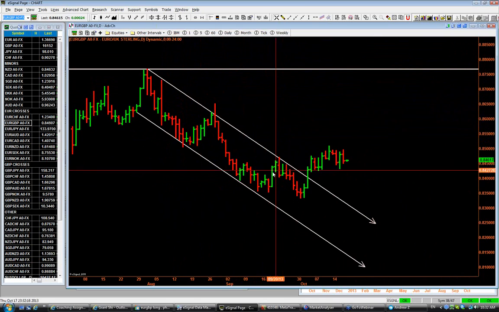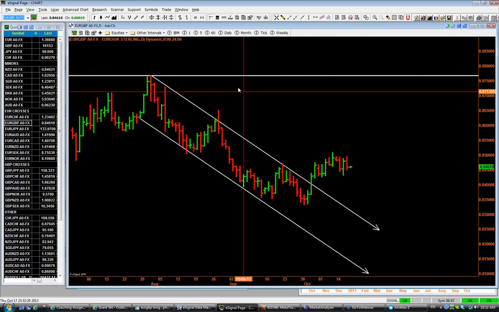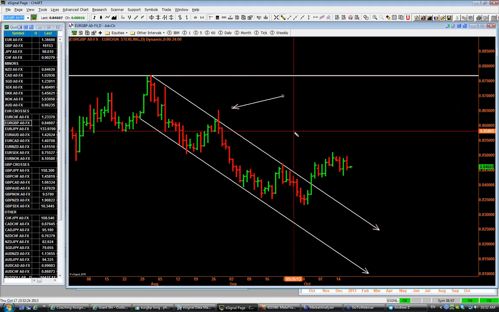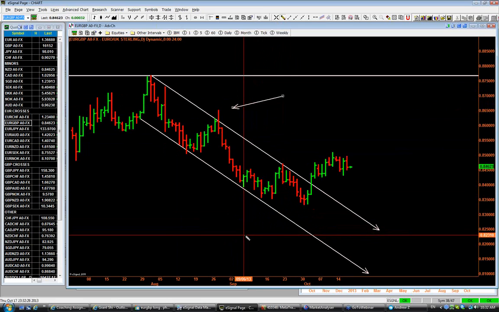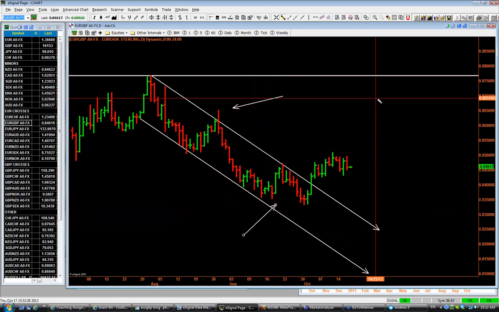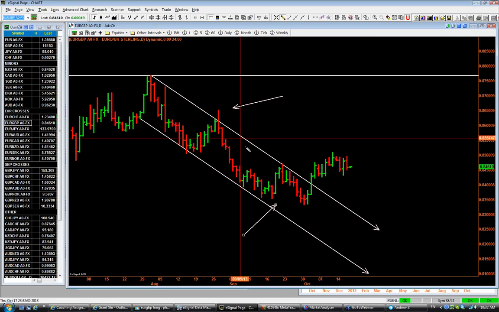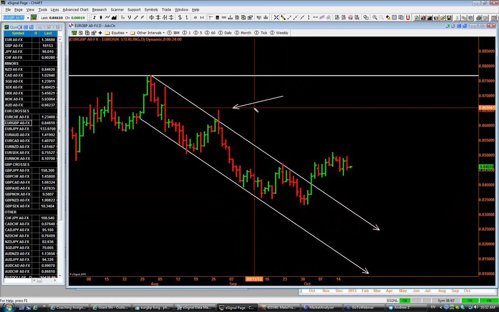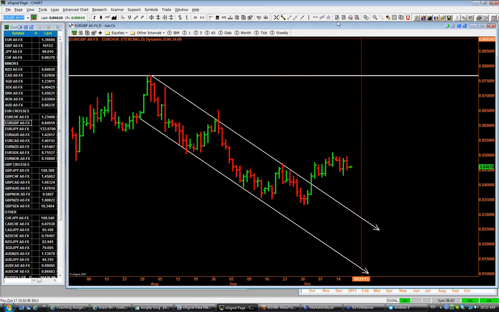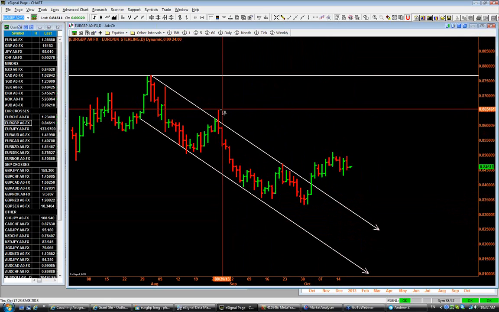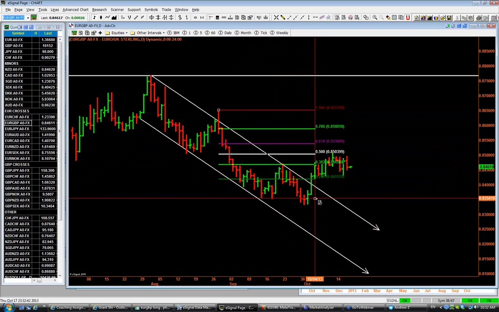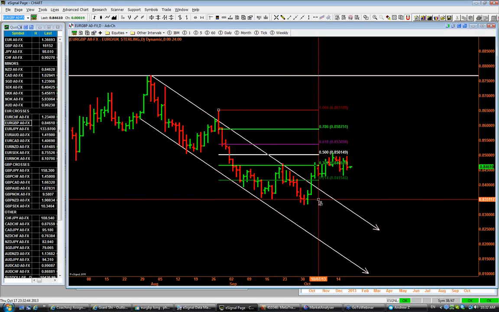This is a downtrend. Let's practice drawing the trend line. Phase 1 starts, phase 1 finishes. That's a downtrend. So let's draw the Fibonacci from the high to the low to see what the percentage pullback is.